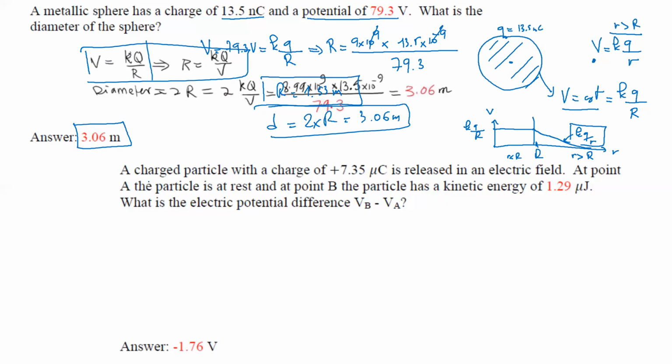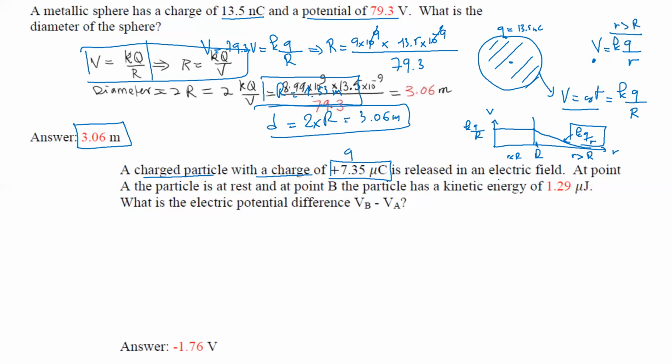Now, question number 2. What do I have here? I have a charged particle with a positive charge. Let me call it Q plus. So Q is plus 7.35 microcoulomb.